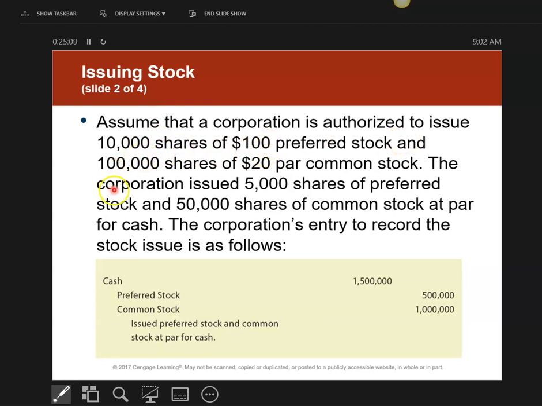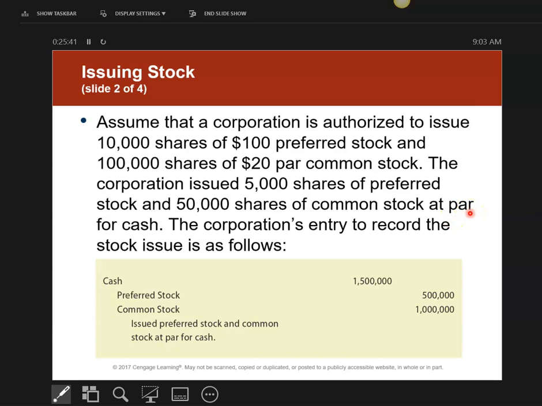And I am authorized to issue 100,000 shares of a $20 par common stock. However, I can issue this much, but I never really want to sell all of my shares. I will lose control of the company. So I actually sell 5,000 shares of my preferred stock at par and 50,000, which is basically half of my common stock, at par for cash.